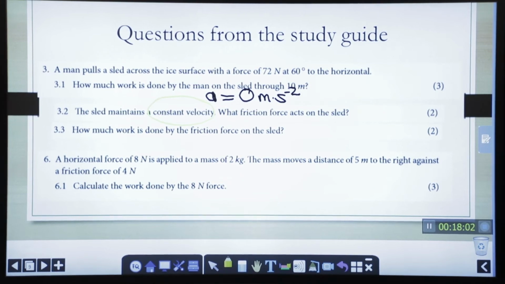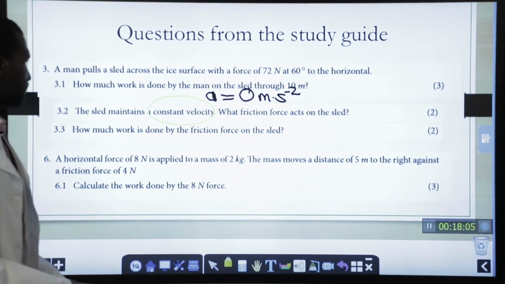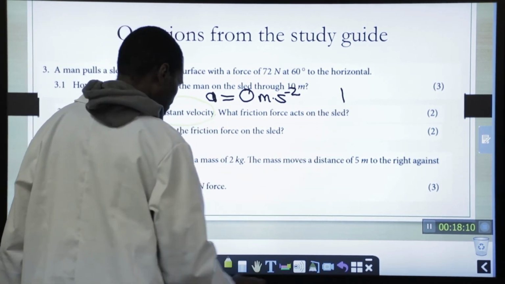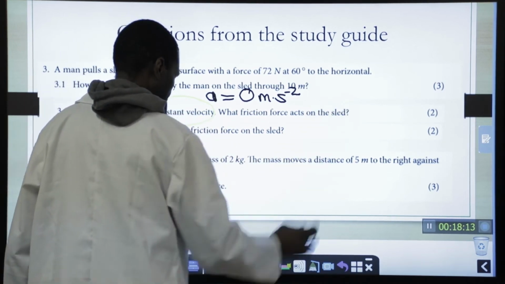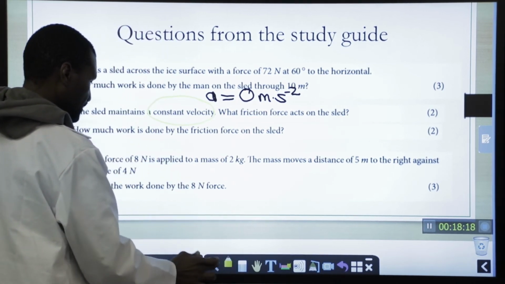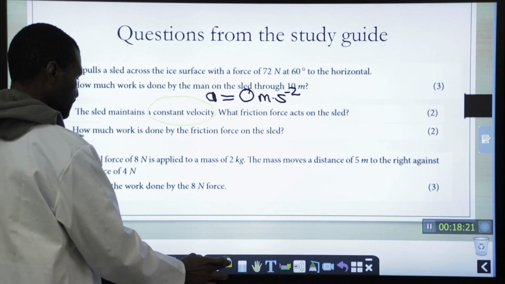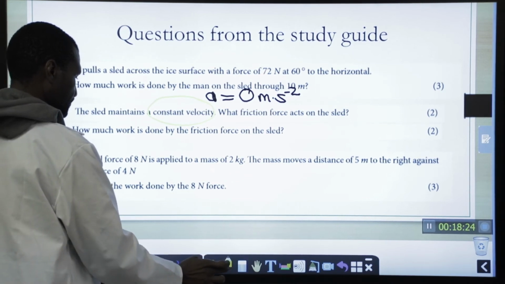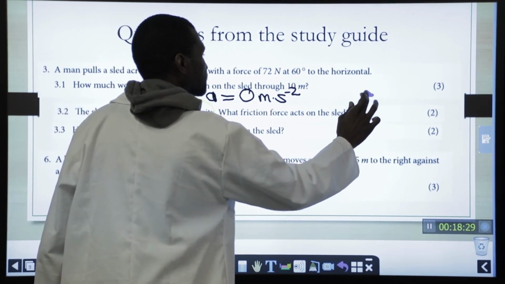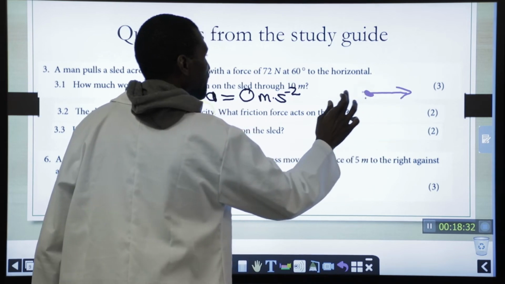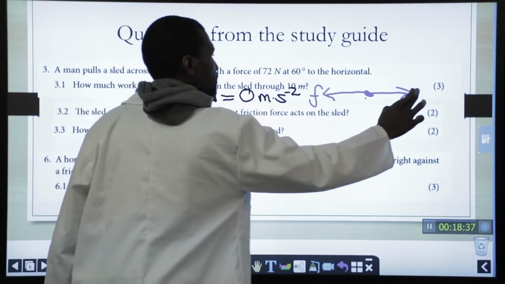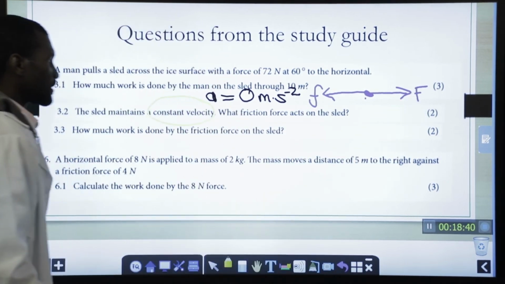In other words, if there is friction on the object and the object is not accelerating, what do we know? Let's just put a free body diagram here. If the object is not accelerating, and a force is applied, it means that in this instance, your frictional force is equal to the applied force.